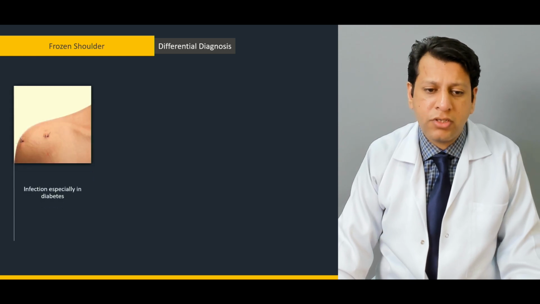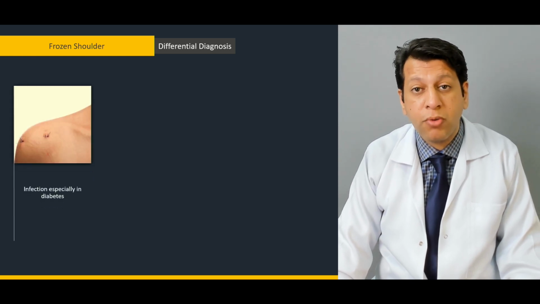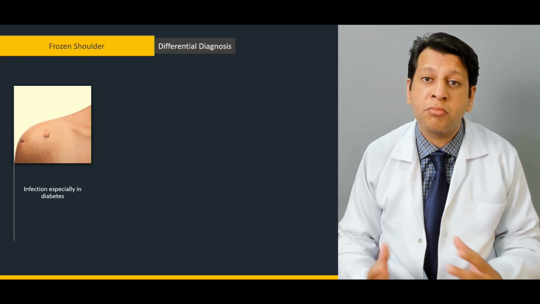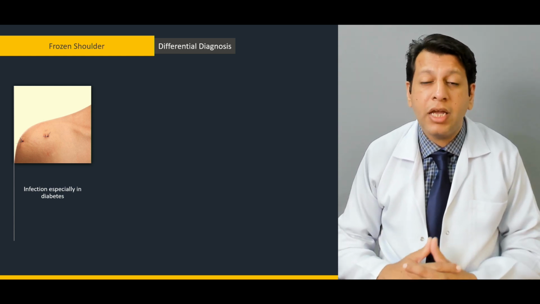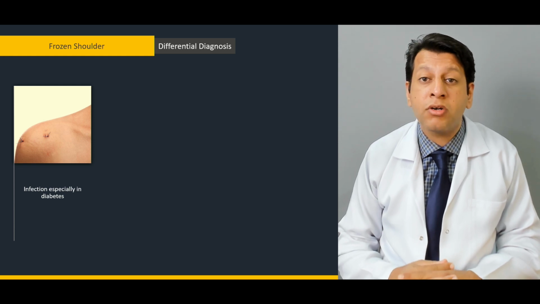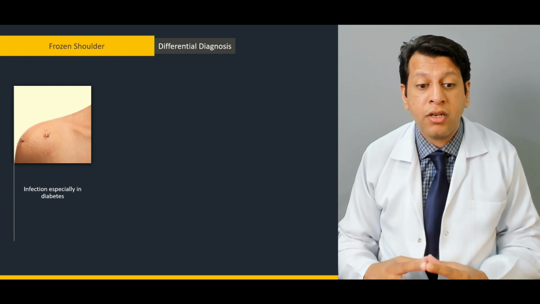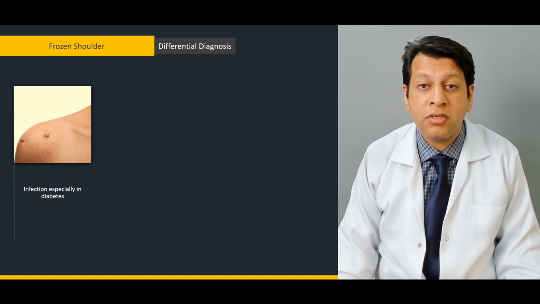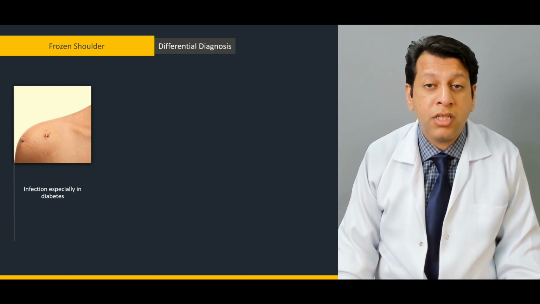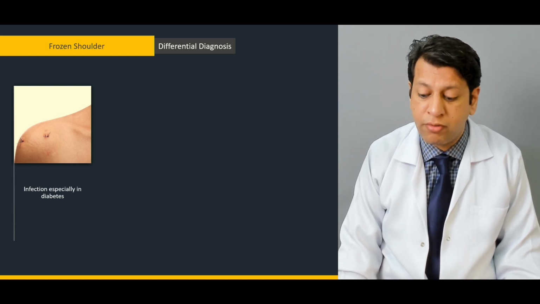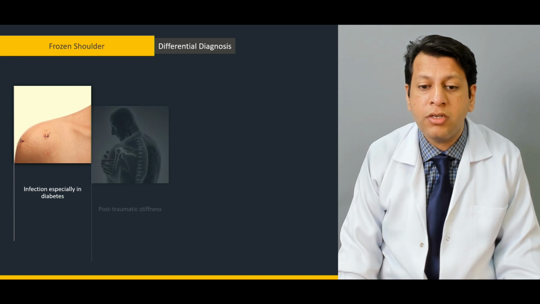Then comes the differential. There are a lot of differentials which may mimic the findings of a frozen shoulder. You need to be very sure the patient has no associated fever or pain, especially in diabetic patients. They may have an underlying infection which is causing synovial hypertrophy and eventually leading to adhesions.